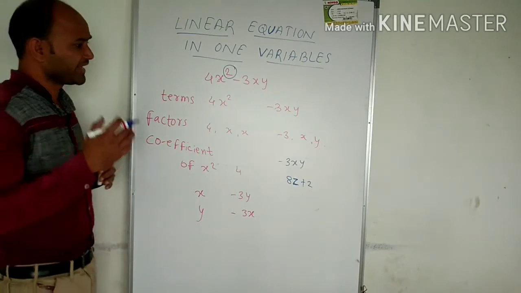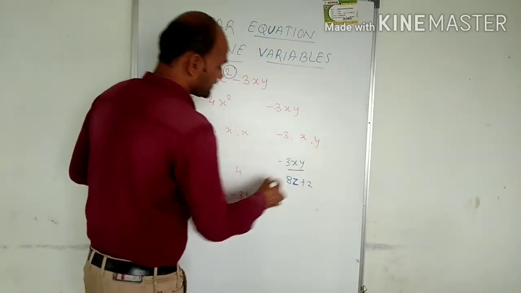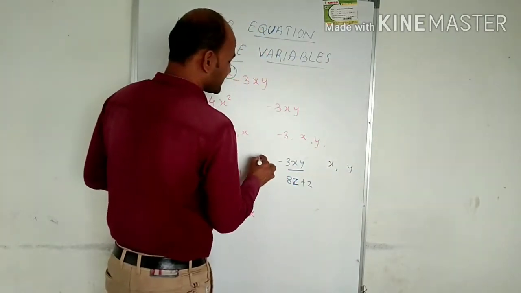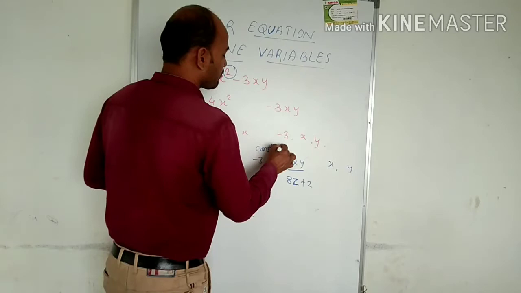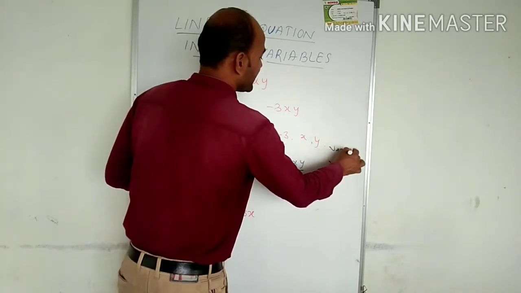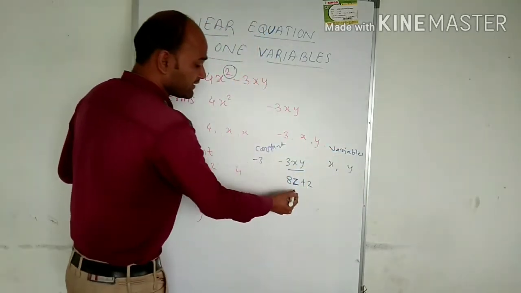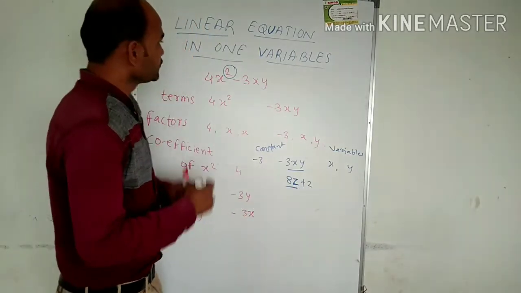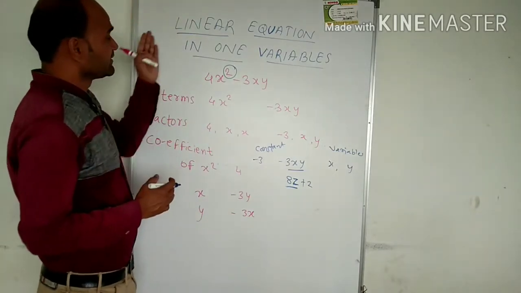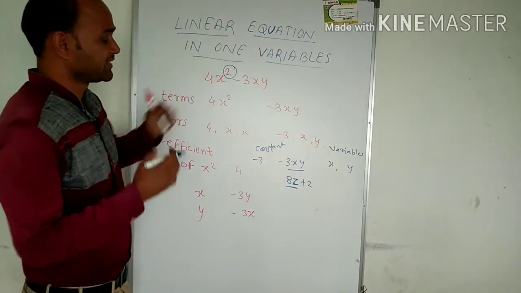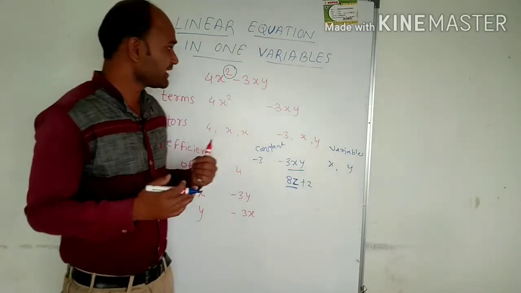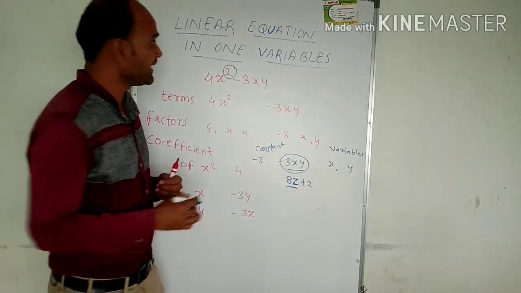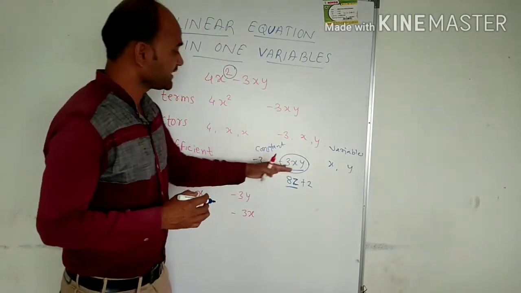In the first equation the variables are x and y, and minus 3 is the constant. Here the variable is z and the constant is 2. यहाँ पर क्या होता है, वेरिएबल्स अलग अलग नहीं आ सकते. यहाँ पर क्या हुआ है, x y आया हुआ है, तो ये linear equation तो है.